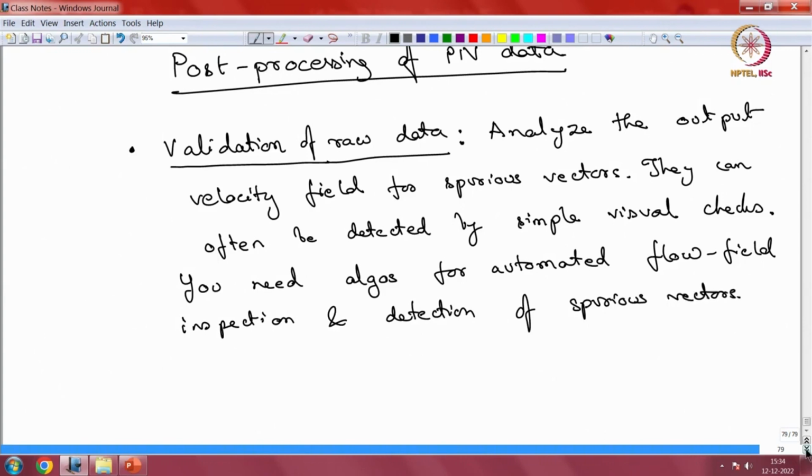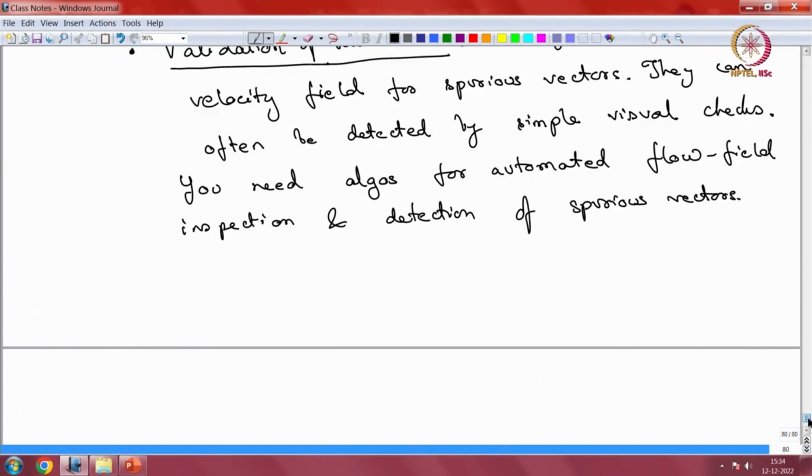You also then need techniques to replace incorrect data. So just figuring out or validation is not enough. Replacement of incorrect data is often required.